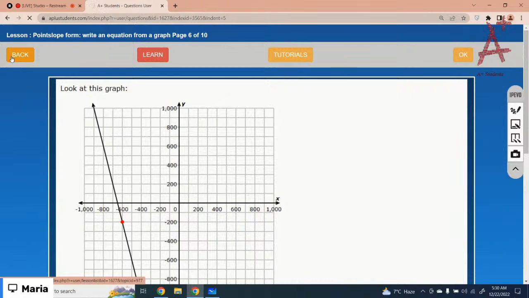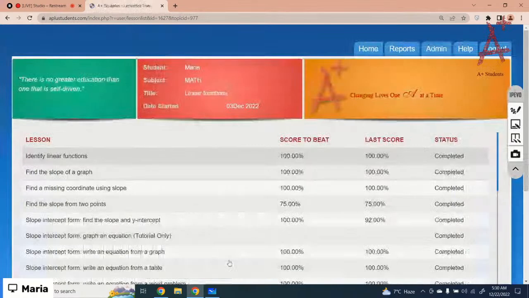The next topic is slopes of parallel and perpendicular lines. Let me just write down the lesson name.